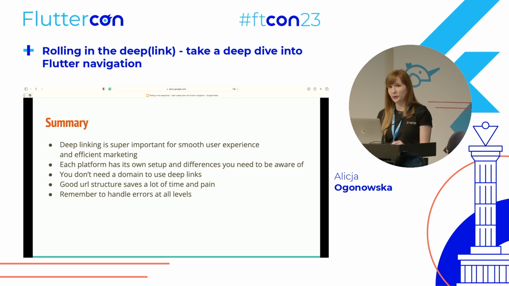Also, you don't have to own a domain or a website. You can use other tools for that. A good URL structure saves a lot of time, pain, and tears. So if you are in a position to advocate for a good structure, then definitely do that. And also remember to handle errors at different levels.